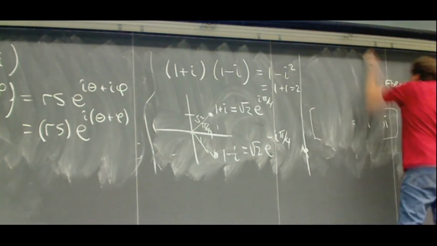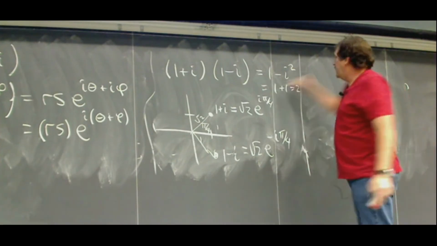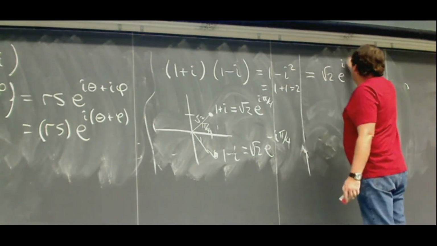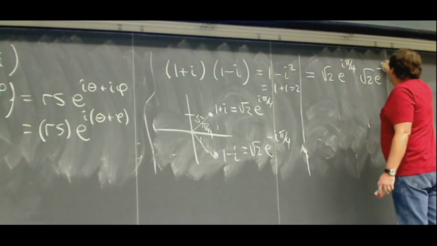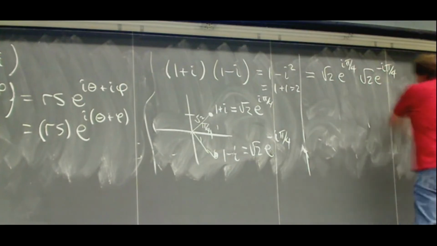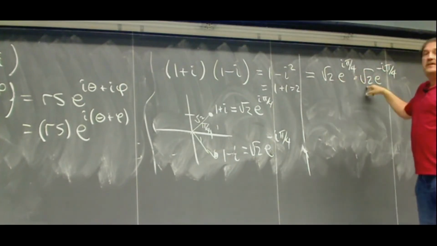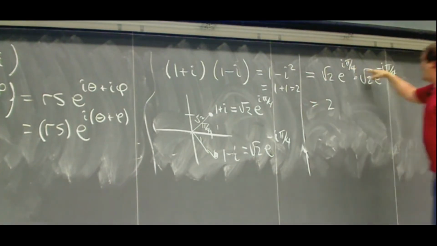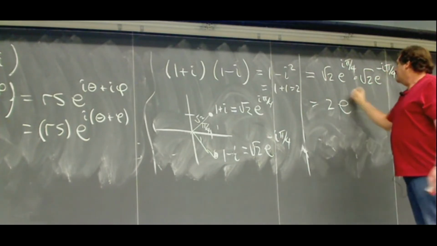So when I multiply them together, this is the same thing. And this I can do in my head, but I'm writing it out. So this is root 2 times root 2, which is 2. And e to the i pi over 4 times e to the minus i pi over 4 is e to the 0.